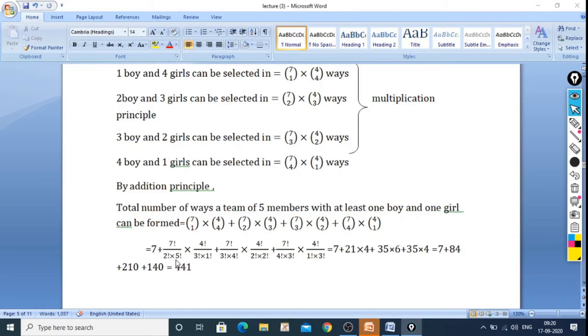Now simplify this and we get the answer, that is 7 plus 21 into 4 plus 35 into 6 plus 35 into 4.